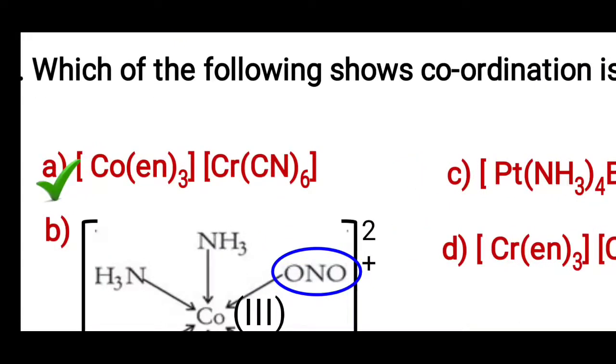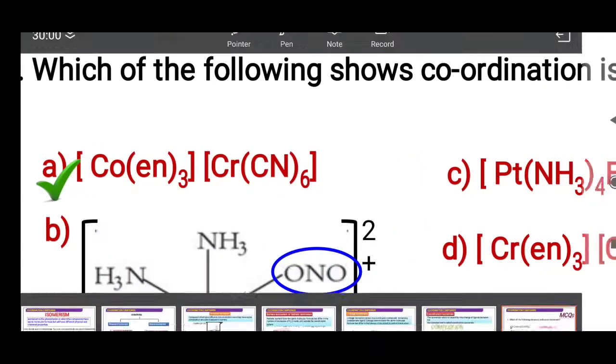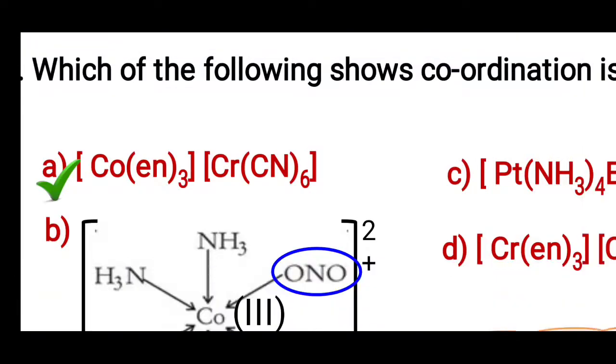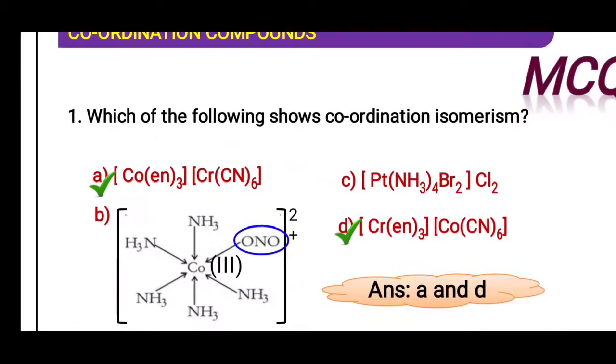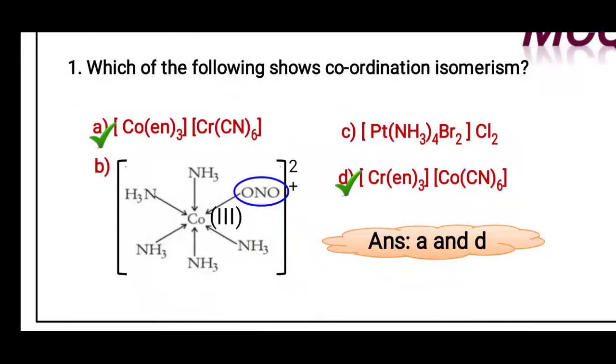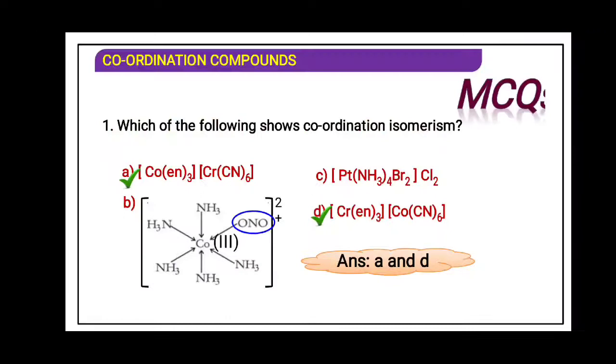Over here, what they have explained is that cyanide is getting exchanged with the ethylenediamine, and ethylenediamine is exchanged with the cyanide. You can see. So A and D both show coordination isomerism.